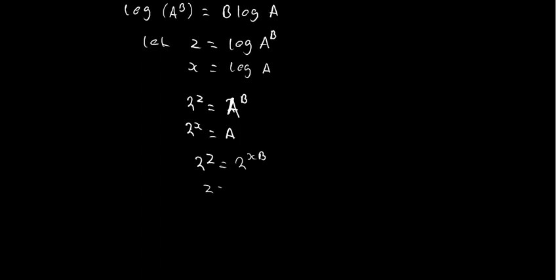So z is equal to xb. What is z? Z is this. What is x? X is that. So basically we're going to have log a to the b being equal to b log a, just like that, and yeah, we have done our proof.